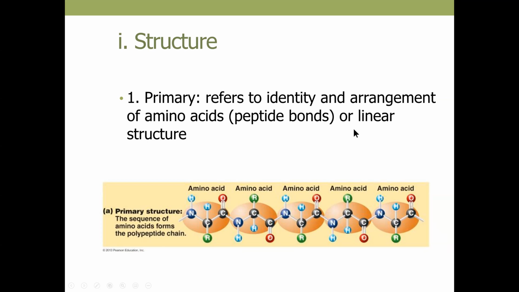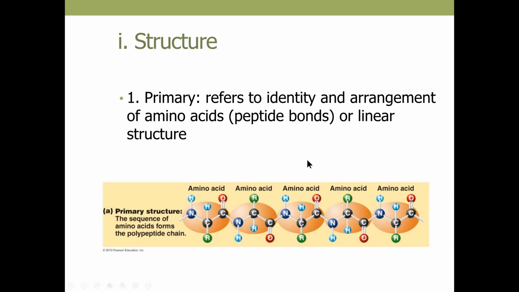It's like your class roster, starting at A and going to Z. So primary structure is just the names of the amino acids, starting at one end and going to the completion of the molecule, naming them in order.